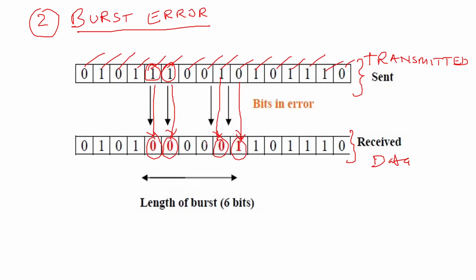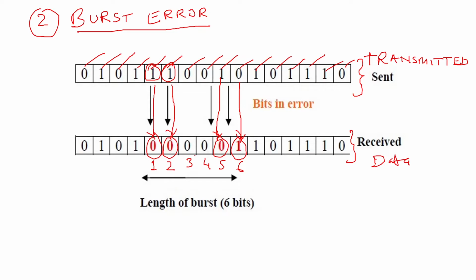Here bits in between have been received wrongly, and we have shown 4 bits received wrongly. Starting from here, this is the first bit, the second bit, the third bit, the fourth bit, the fifth bit, the sixth bit. The first bit and second bit are received wrongly. The fifth bit and sixth bit are received wrongly. And in between, the third and fourth bits are received correctly.